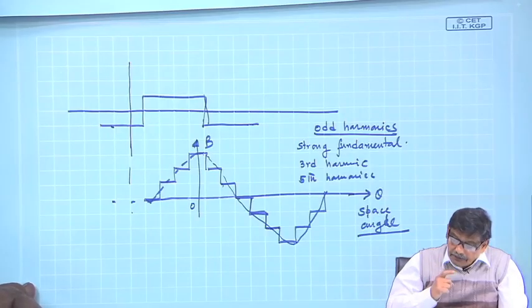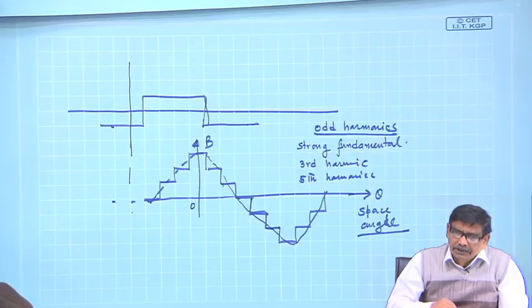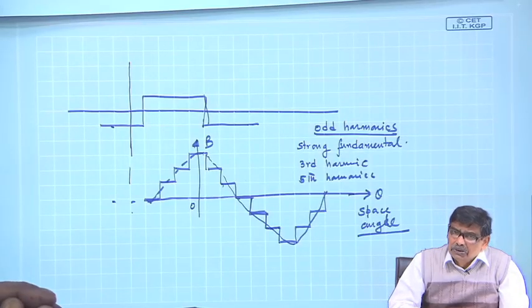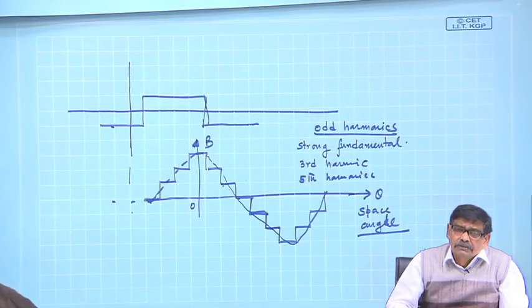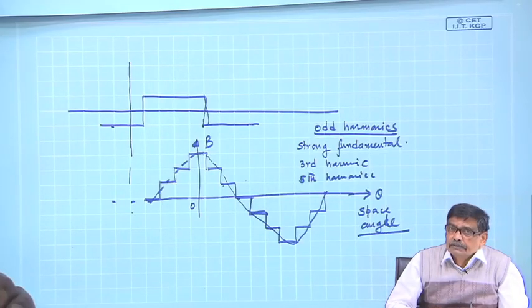But the point I want to make is the question of the predominant harmonic, whether the predominant harmonic can be done away with by doing something tricky. We will show you this can be done.